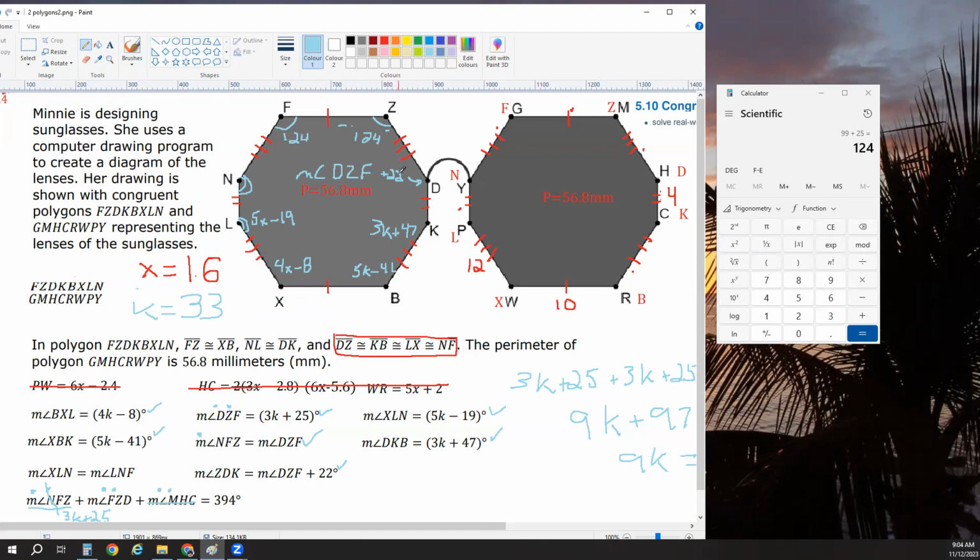This is going to be 124 plus 22, which is 146. Then we have, I bet this is the same value. So we'll see. We're going to go 3 times 33, that's 99.